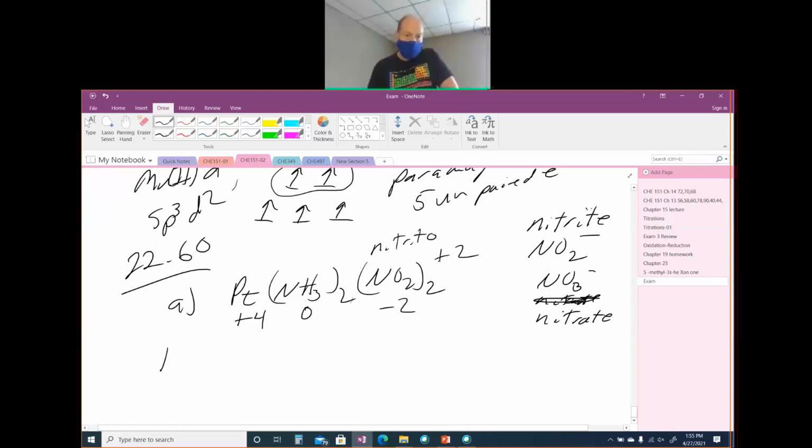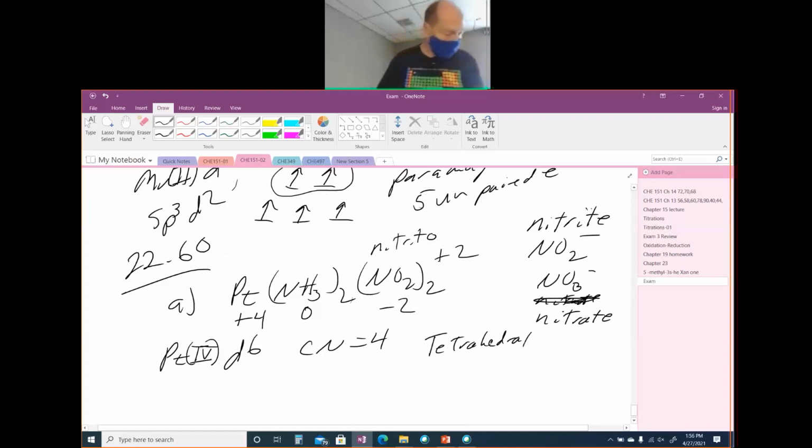And so your platinum 4 plus, you look at the periodic table, the number on top of the platinum is 10. That is a D6. The coordination number is 4, 2 for the NH3, 2 for the NO2. Since this is not a D8, it's a D6, we predict tetrahedral. Although I should read the problem.